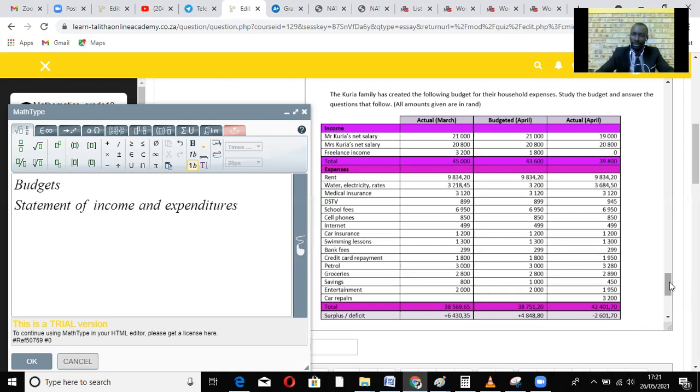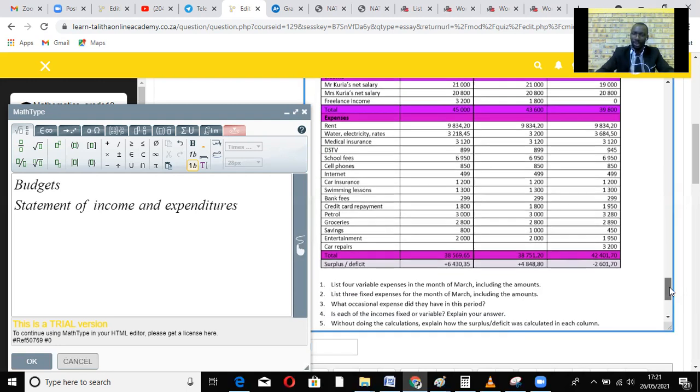And now we are supposed to use this information to answer these questions. The first question is, list 4 variable expenses in the month of March, including their amounts. Well, what are these variable expenses? Now, it turns out that variable expenses are these expenses that are not fixed.